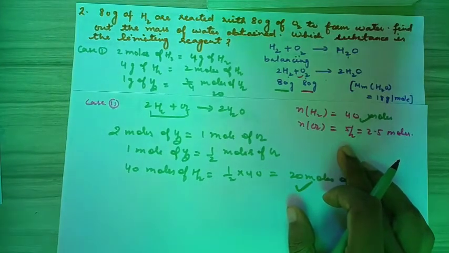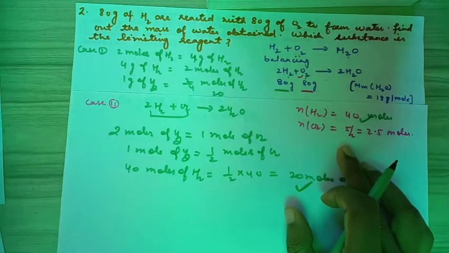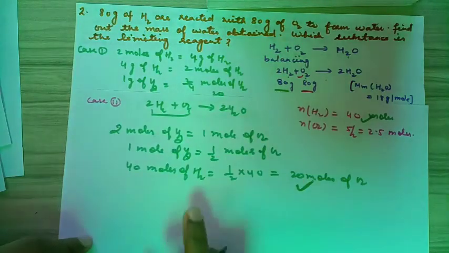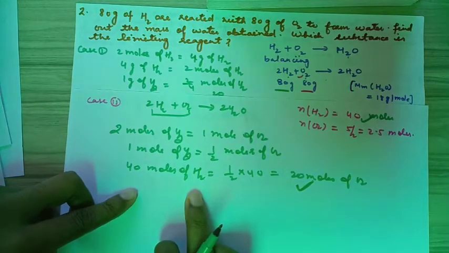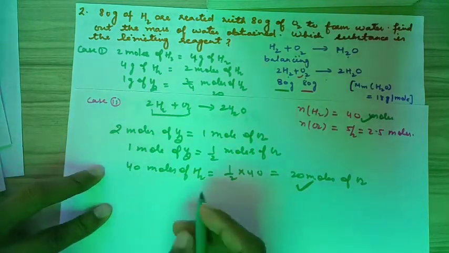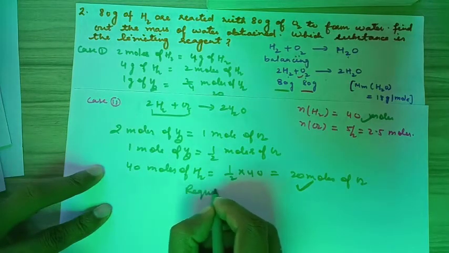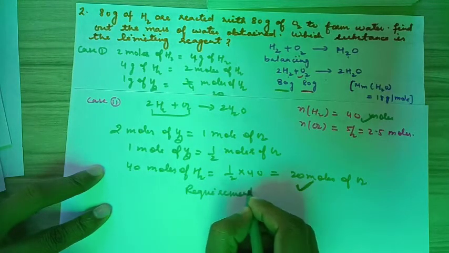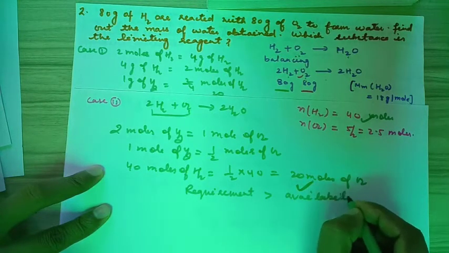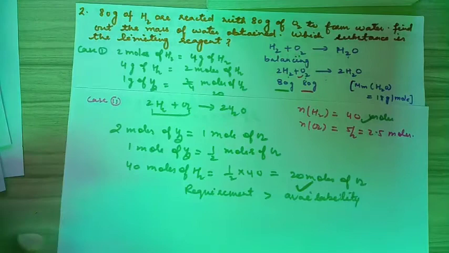So now from here we can say that S2 is the excess reagent and O2 is our limiting reagent. Here the requirement is greater than the availability.